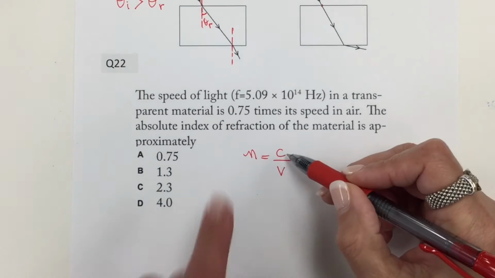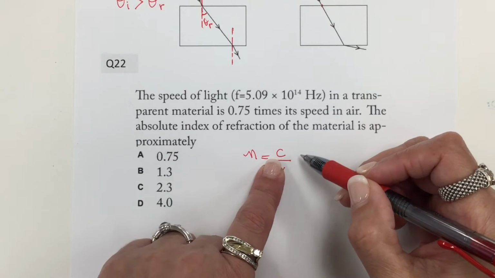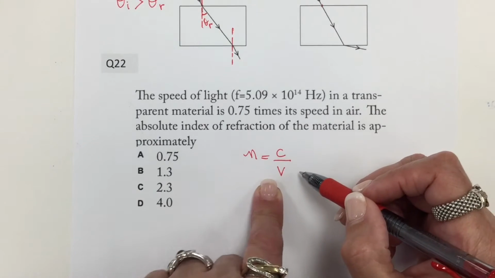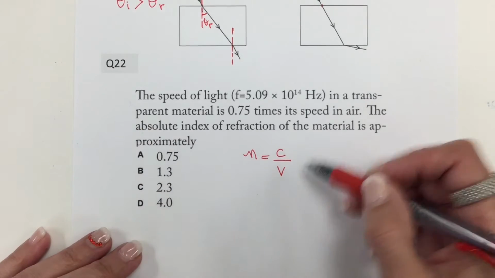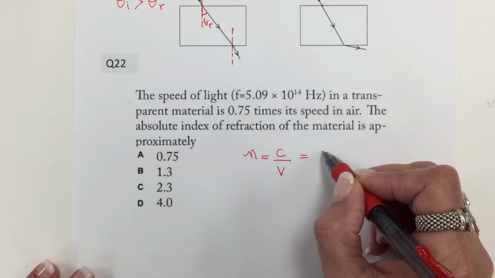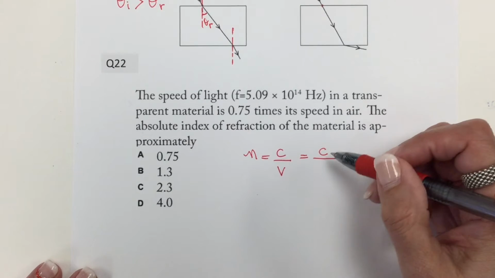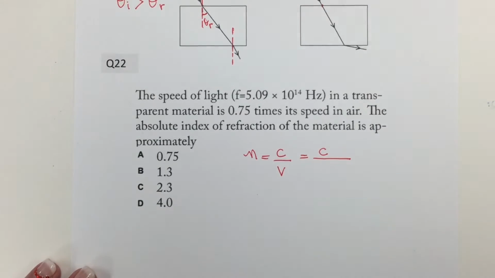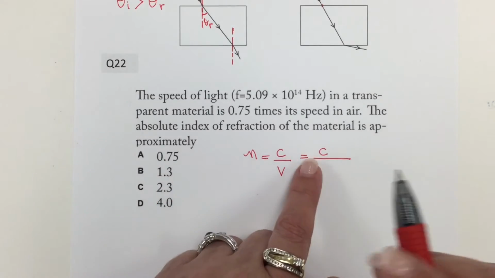Now remember, c is the speed of the light in the air or in the vacuum, and v is the speed of the light in the medium. Okay, so the c here, I will keep c like it is. I could replace it with 3 times 10 to the 8, but the option here is not going to work this out. So let's hang there.